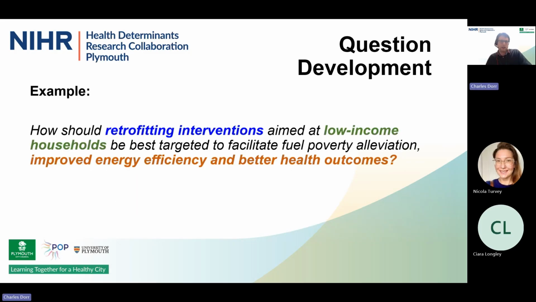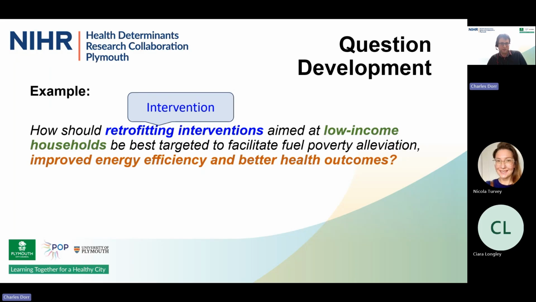So if we just take the example of our own research question around retrofitting. This was about how retrofitting interventions aimed at low-income households should be best targeted to facilitate fuel poverty alleviation, improved energy efficiency, and better health outcomes. So we've got our intervention here, which is retrofitting schemes.